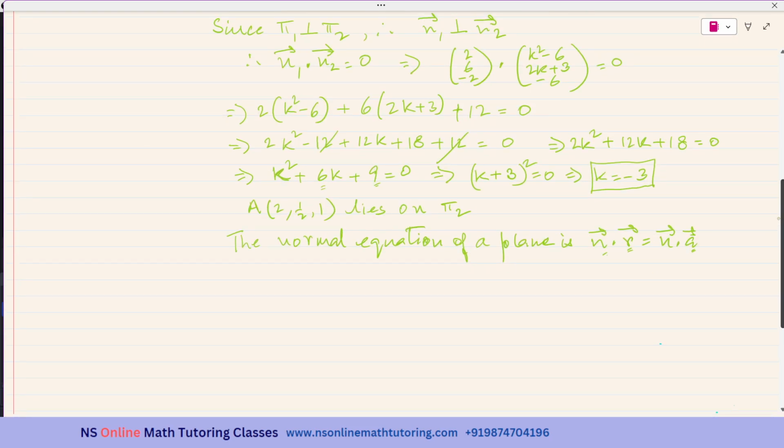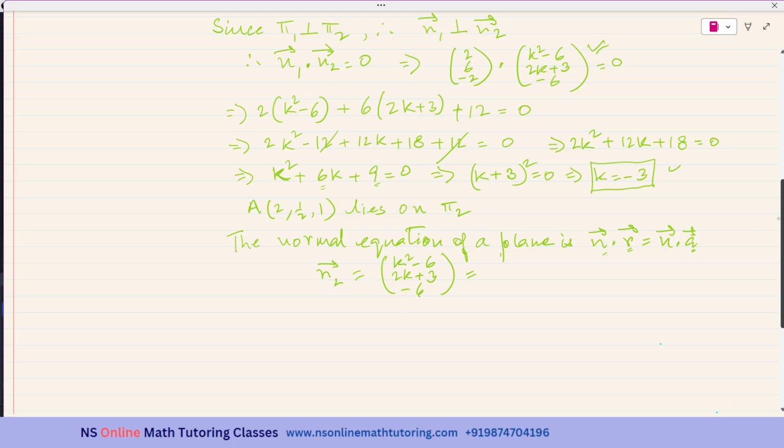So, first of all, let me write the n2 vector because we have now got the value of k. n2 is this one. Let me rewrite this first. n2 was k square minus 6 and 2k plus 3 and minus 6.